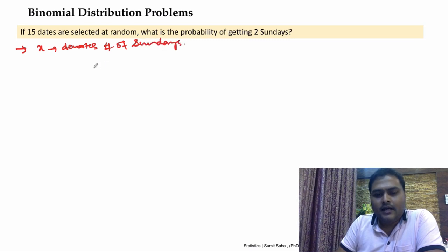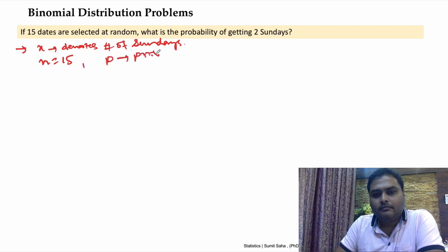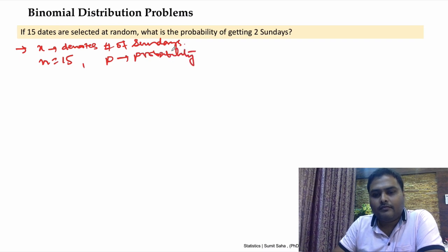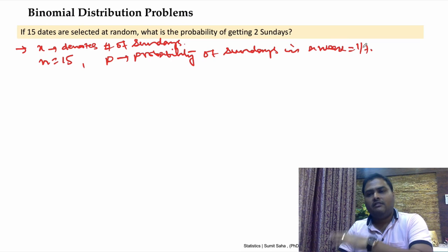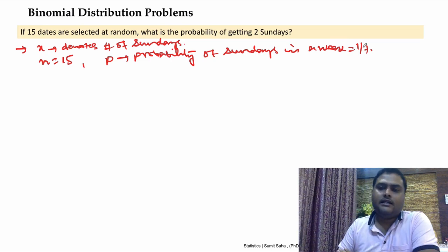and n equals 15, because randomly we are choosing 15 dates. p is the probability of Sundays in a week. It is nothing but 1 by 7, because there are a total of 7 days, and out of 7 days, only 1 day is Sunday.